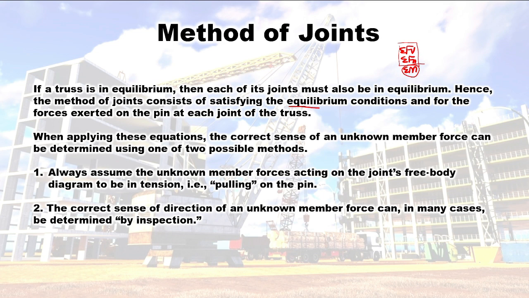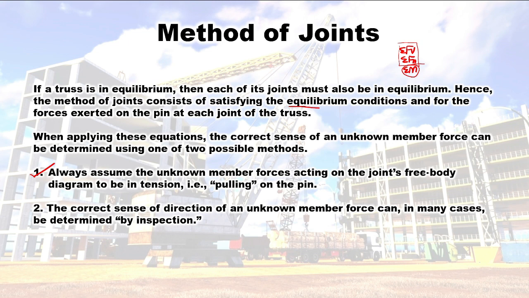We also have assumptions in our analysis. So when applying these equations, the correct sense of an unknown member force can be determined using one of two possible methods. So again, we have two assumptions. The first assumption here is to always assume the unknown member forces acting on the joint's free body diagram to be in tension, i.e. pulling on the pin.